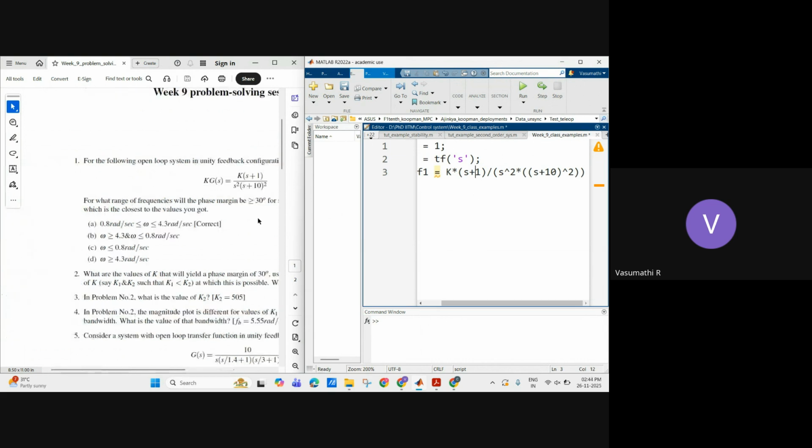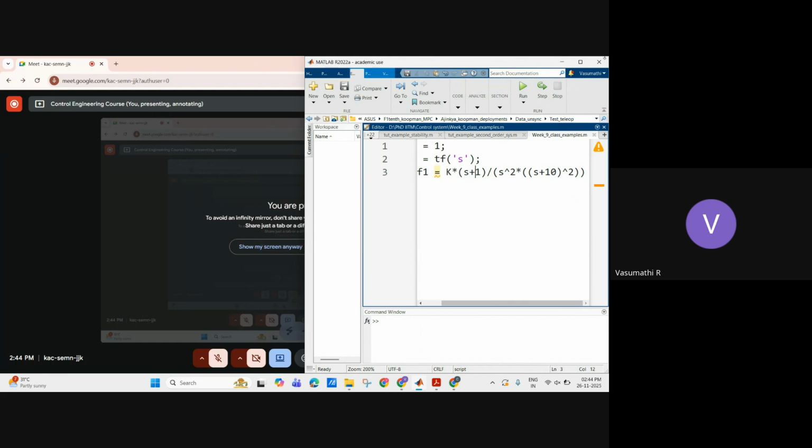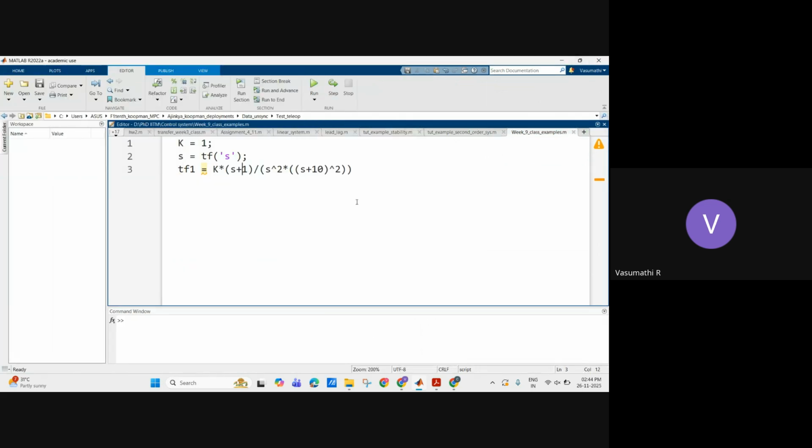Now the phase margin should be greater than 30 degrees for values of k. That k value we have to find. First, we will look for the phase margin of this original system.